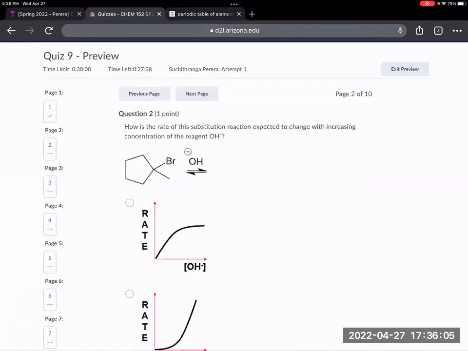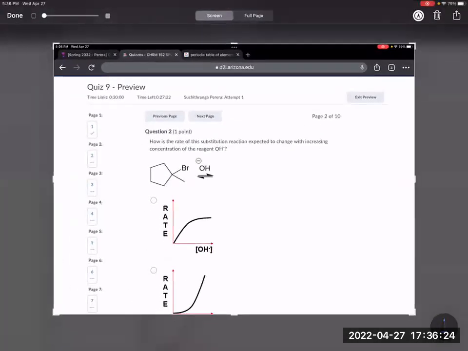Moving on to the second question. How is the rate of the substitution reaction expected to change when increasing the concentration of OH minus? This is a tertiary carbon, and if you have a tertiary carbon, it's going to undergo the SN1 mechanism.